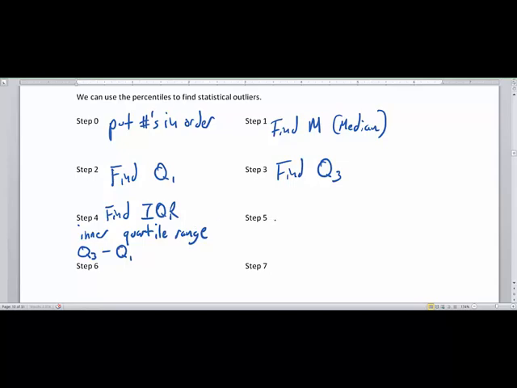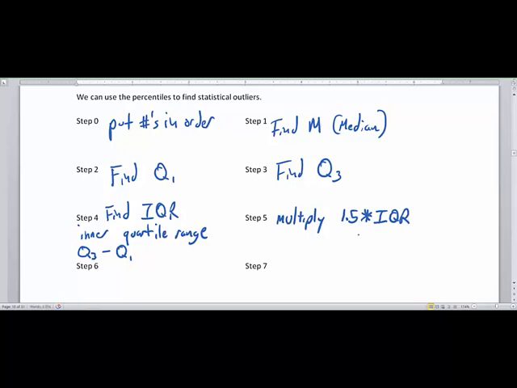Now, step 5 is a little bizarre because you're going to do something and it's not going to make quite sense why you do it. In step 5, you're going to take whatever your IQR is and multiply 1.5 times the IQR. Now, I might not use the times symbol, I might use the parentheses.